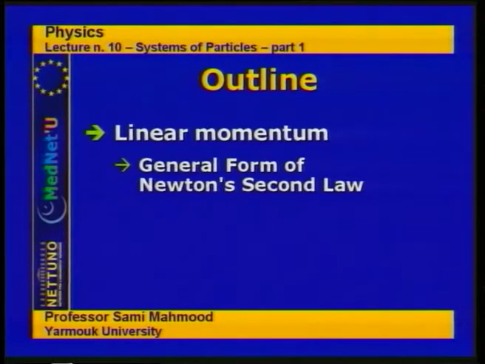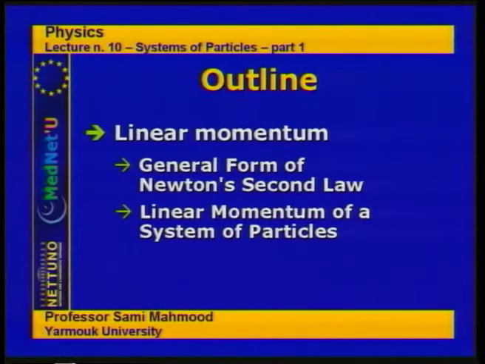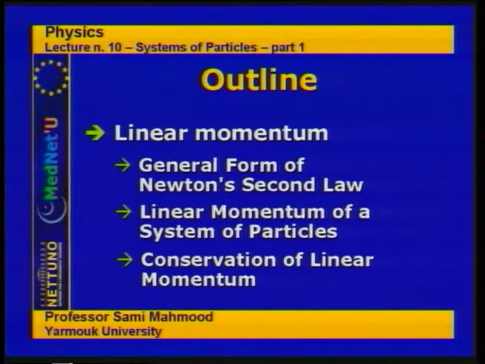And then we will write down Newton's second law in the most general form in terms of the linear momentum. We will depend on the definition of linear momentum for a particle, and then we will conclude the linear momentum for a system of particles. So we will be able to calculate the total momentum of a system of particles that way.